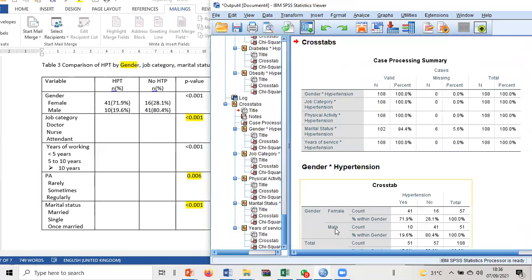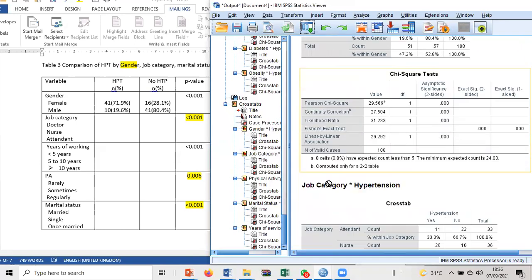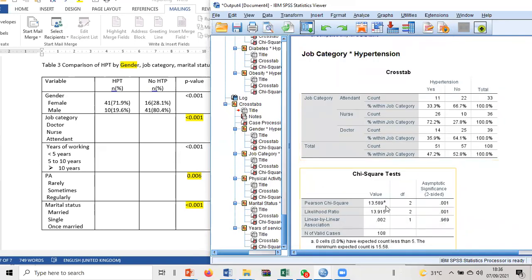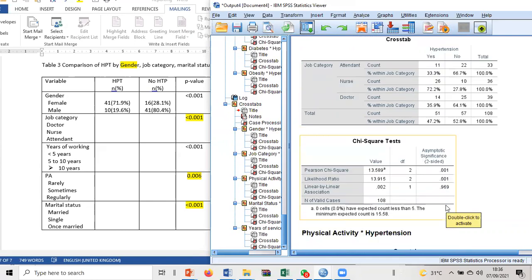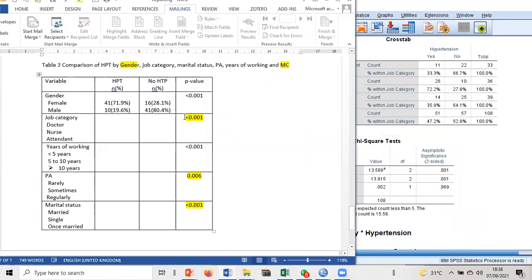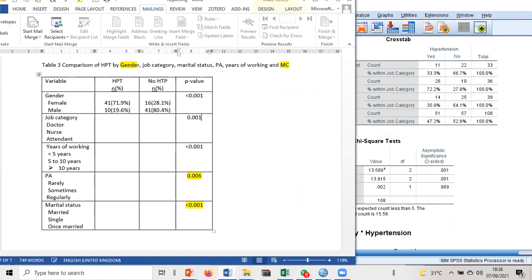All right. So the first one. Second, is there an association? Yes. So job category p-value is 0.001. Is it less than 0.05? Yes.